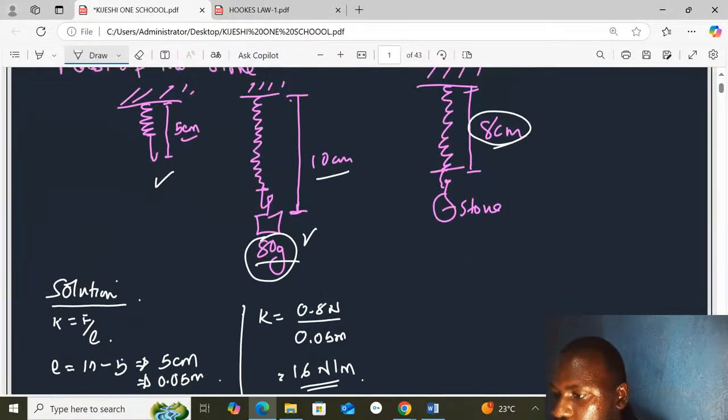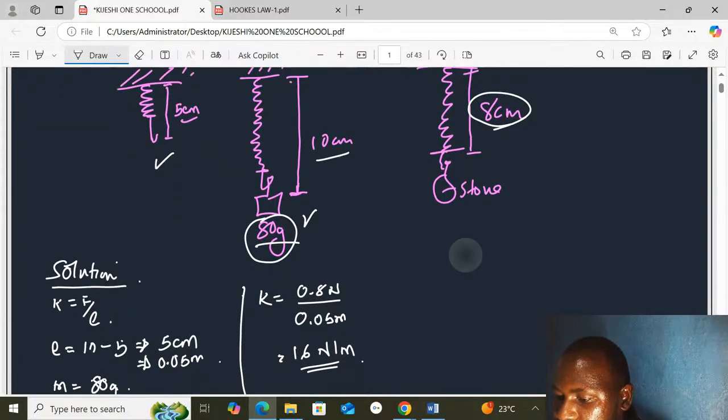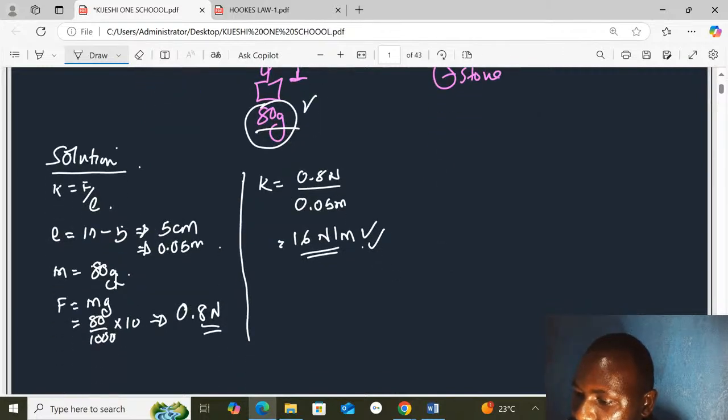Then now, for the second case, once you arrive here, since the spring is the same spring, which is holding the stone, we'll say that since now we have K as 16 newtons per meter, let's look at extension.